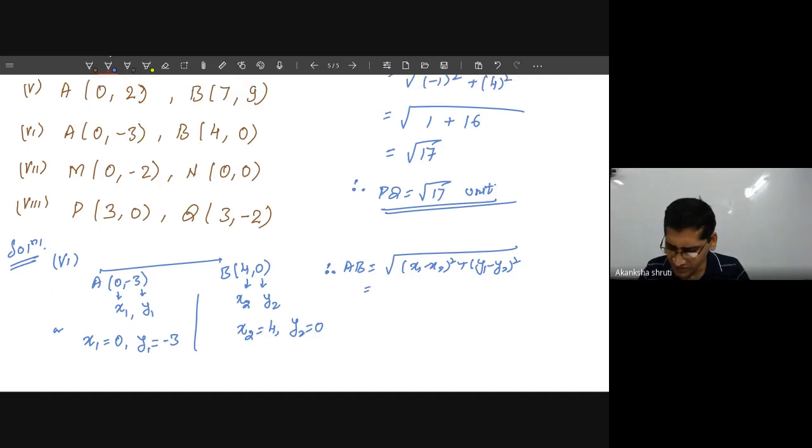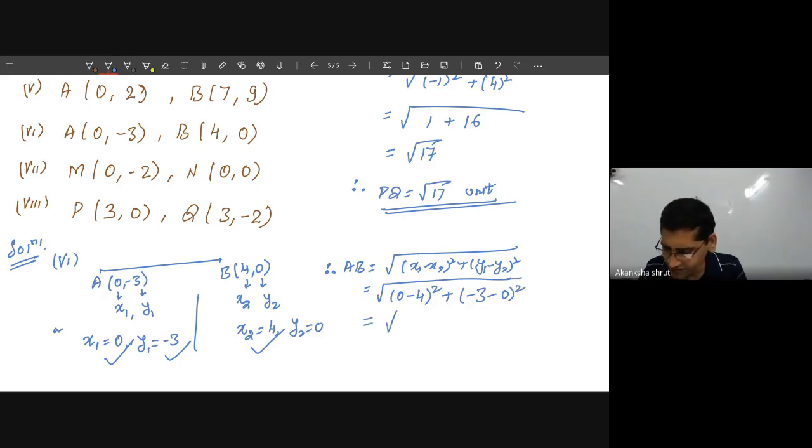Students, so here let us substitute x1. What is our x1? It is our 0. So substitute. Then minus of the formula. What is our x2? It is our 4. So this 0 I have taken, this 4 I will take. x1 minus x2, this much is square, plus y, minus 3 minus 0.